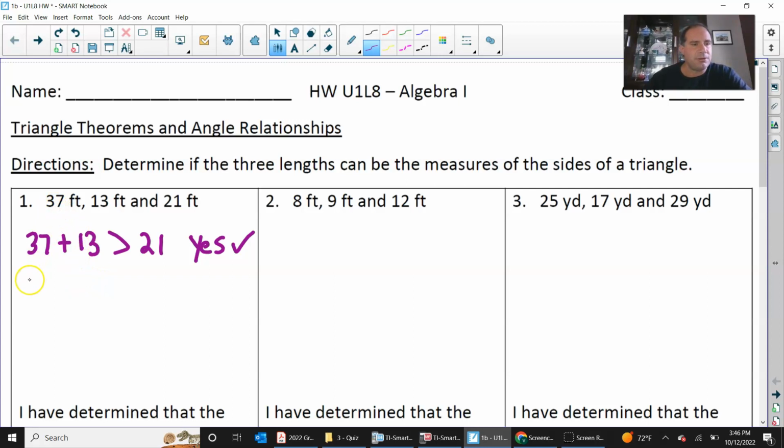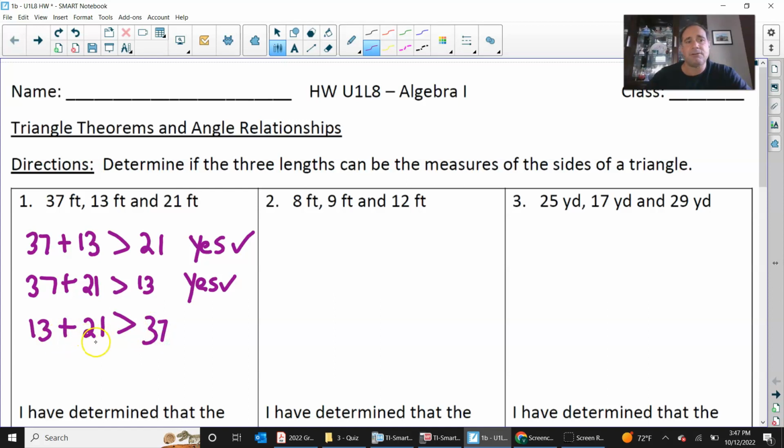So now I'm going to do 37 plus 21. And that has to be greater than 13, and it is, yes. And then I'm going to take 13 plus 21, and that has to be greater than 37.